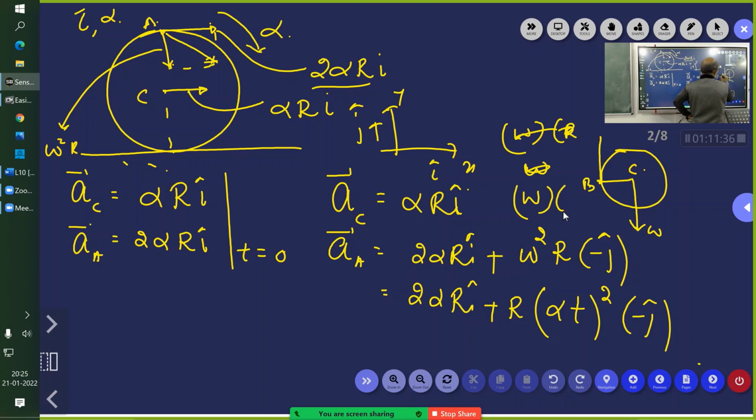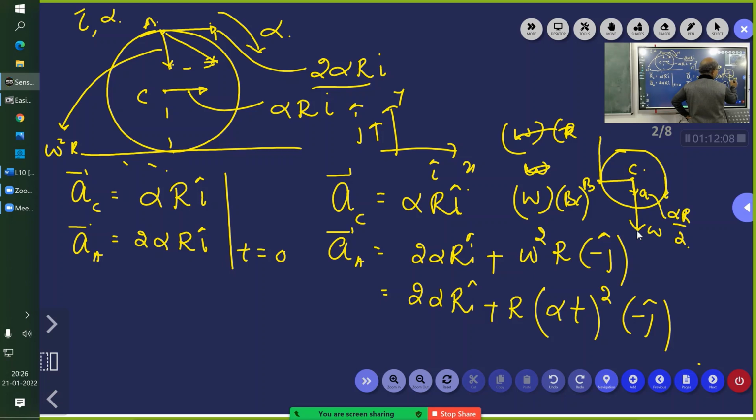Weight into BC, this is the torque. This torque will create acceleration here. We just found out that this acceleration will be alpha r by 2. And here this thread is coming down, so therefore we got this acceleration down.